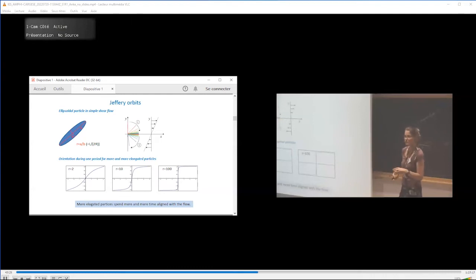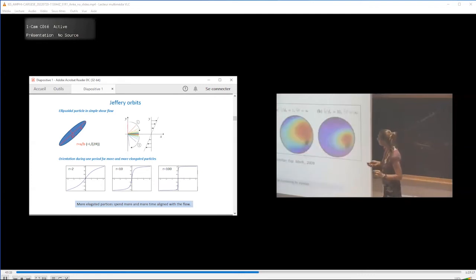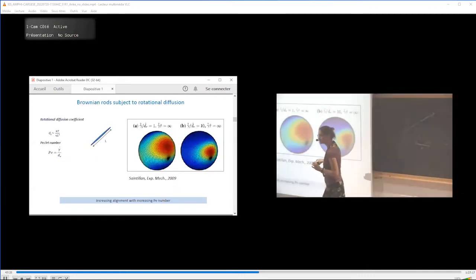But it turns out that I'm not having a big fiber, I have this tiny rod. So this tiny rod will actually be subject to Brownian noise. And that's really nice, because we heard about the Péclet number this morning also. However, what I'm looking at here is not the diffusion of the center of mass, but the diffusion of the orientation.